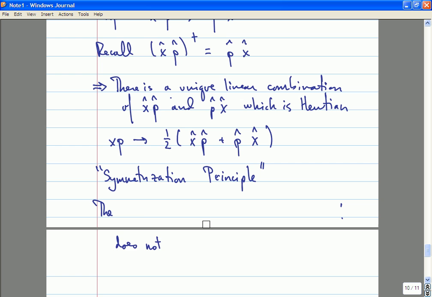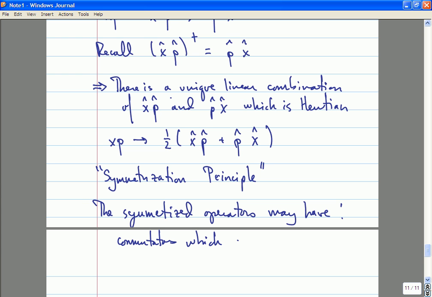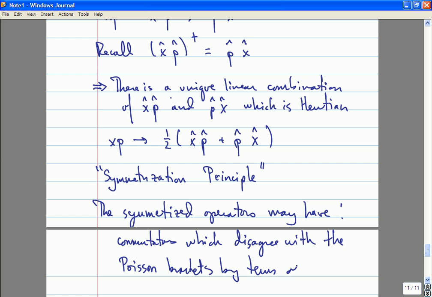The symmetrization of the operators may have commutators which disagree with the Poisson brackets by terms of order h bar squared or higher.